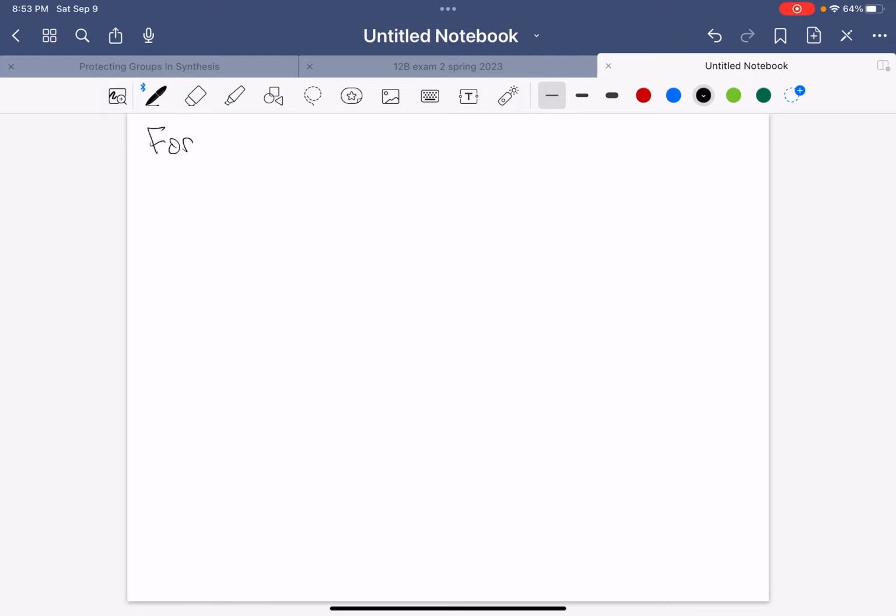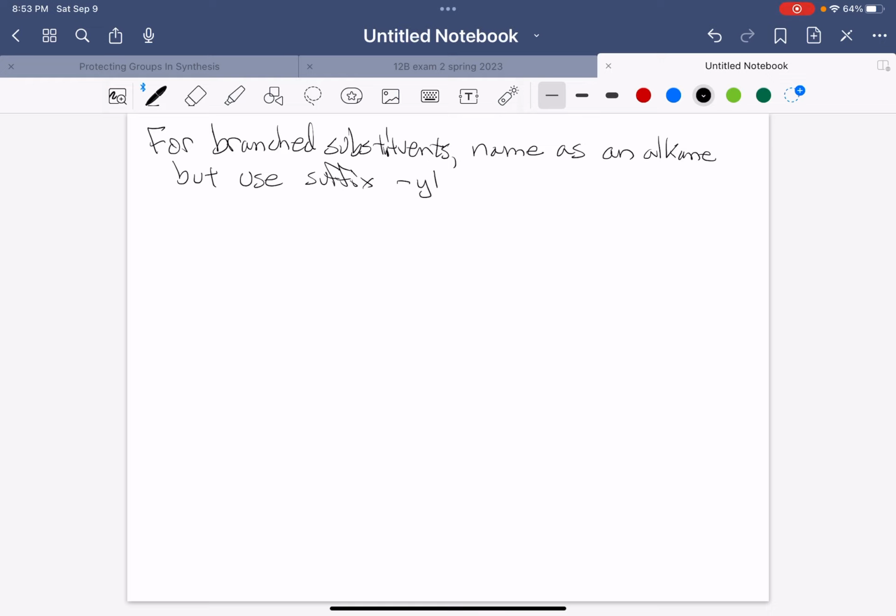So for branched substituents, name as an alkane, but use the suffix -yl.